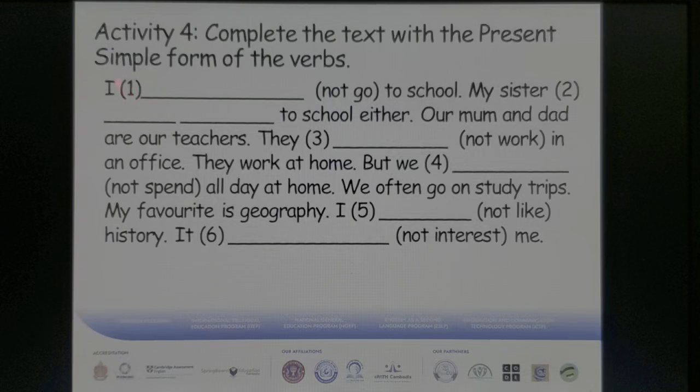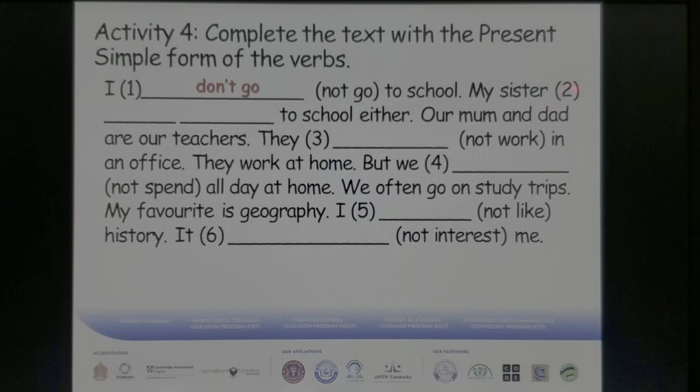So here it must be I do not go. Some students may write the answer as I don't go. Yeah, the same. You can say I do not go or I don't go. It's up to you. No problem. The answer is the same.